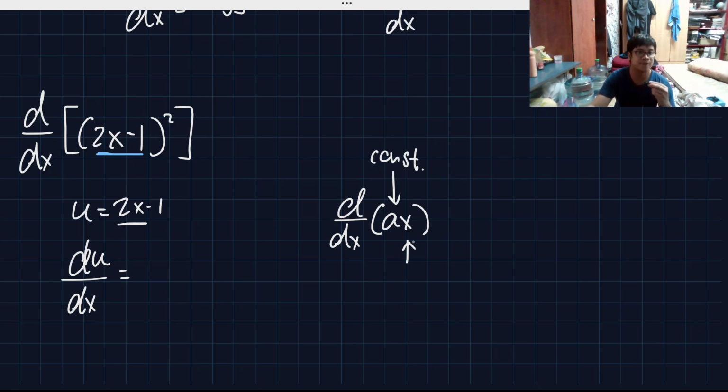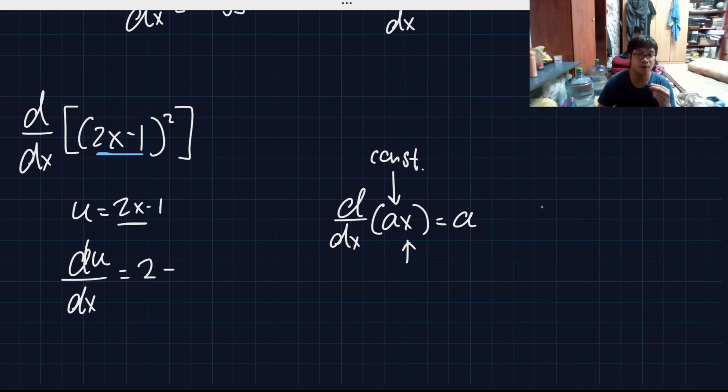This means that you will have the constant as the answer. So the derivative of 2x is simply 2. Just get the constant.